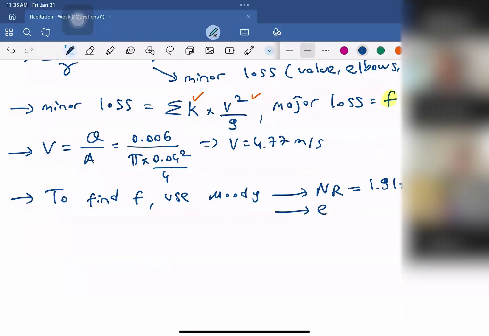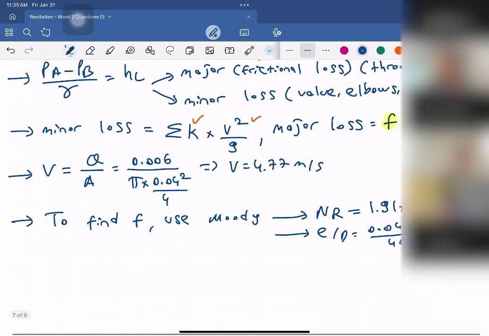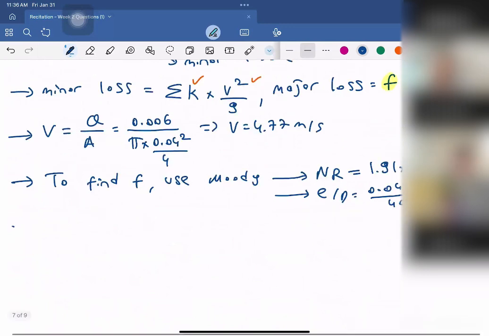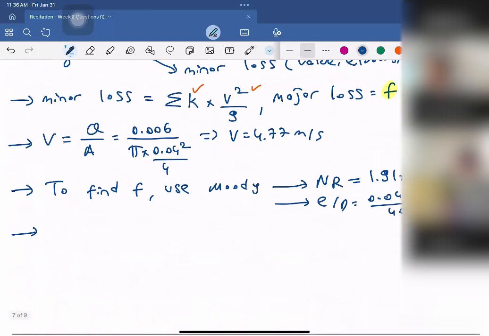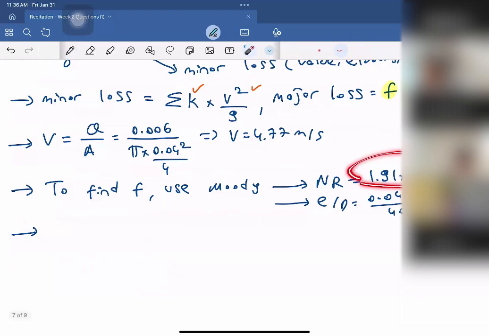And for e over D, it is given as 0.045 millimeters per 40 millimeters, which gives 0.0113. And now we will visit the Moody diagram again. So we have 2 times 10 to the power of 5 and 0.01.